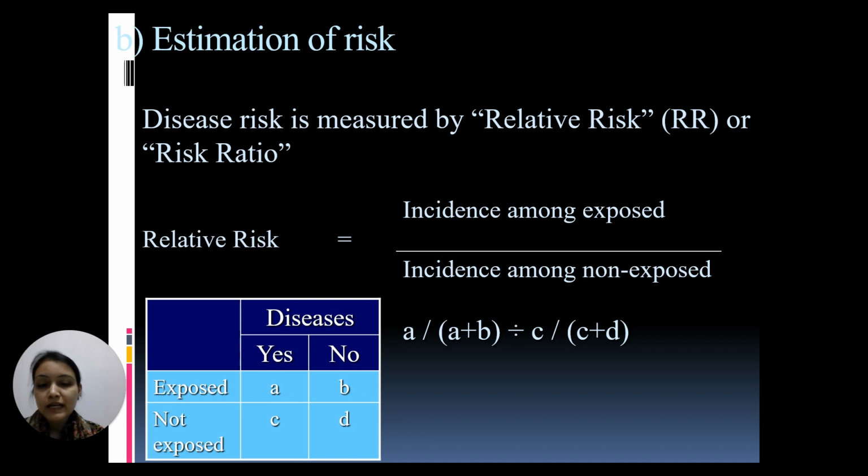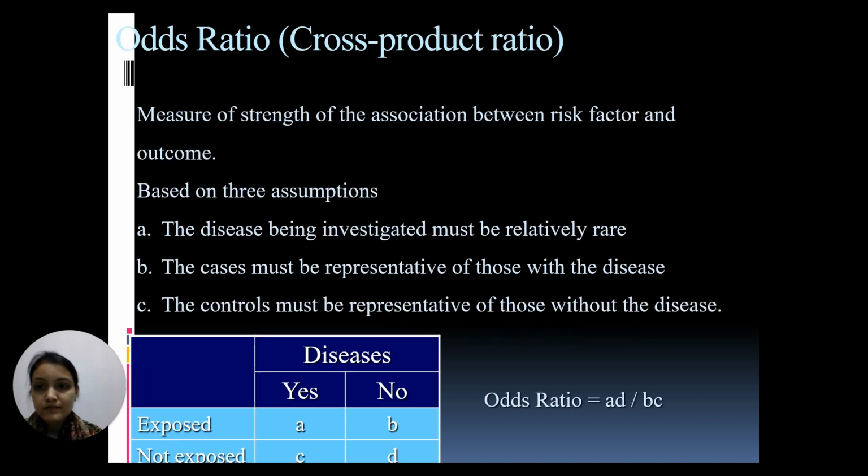Disease risk is measured by relative risk or risk ratio. So risk ratio is equal to incidence among exposed divided by incidence among non-exposed. So A divided by A plus B, and C divided by C plus D, gives us the risk ratio of any population.